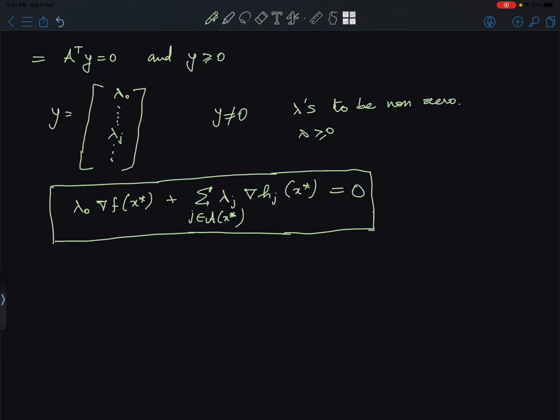Fine, and since this is equal to 0, we need to find a condition such that we ensure that lambda 0 and the lambda j's are not all 0 at the same time, or I'll just say non-zero at the same time.